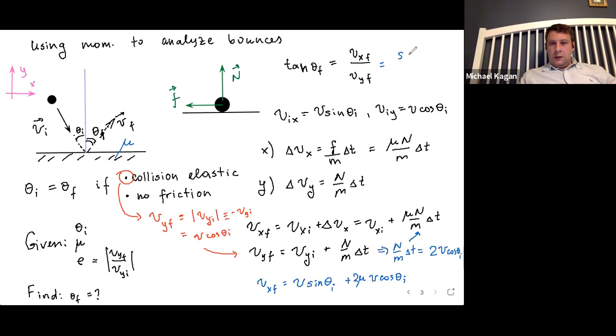So you get sine theta initial plus 2 mu cos theta initial, divided by V cos theta initial.